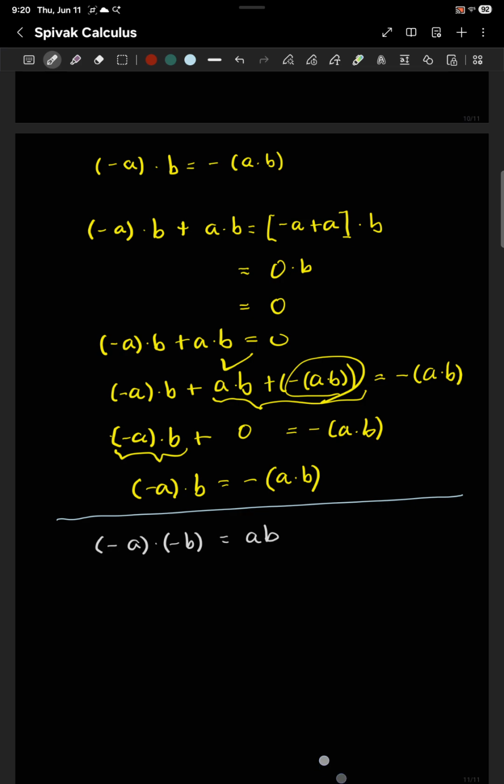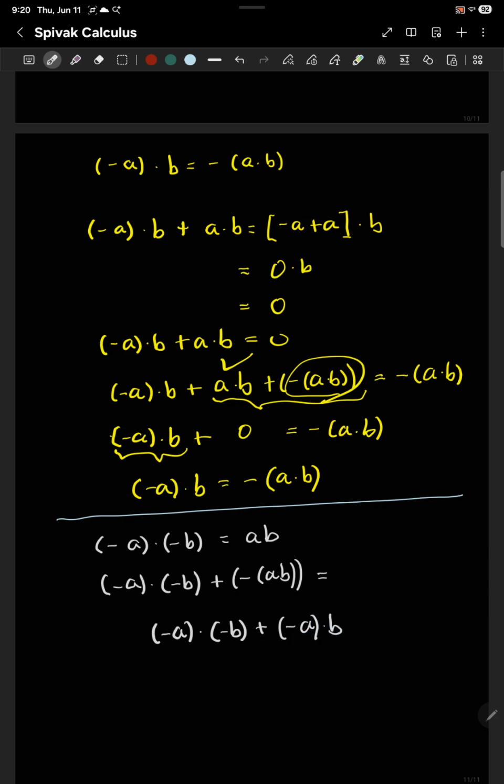Okay, so how do we prove it? Negative a times negative b plus negative a times b is equal to negative a times negative b plus minus ab, because of the statements we just proved here.